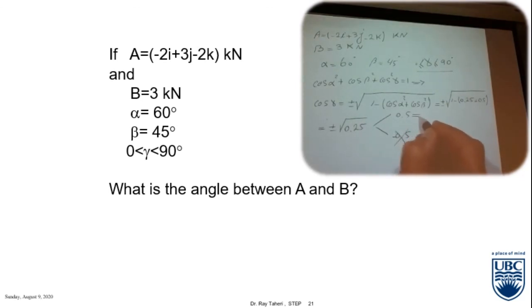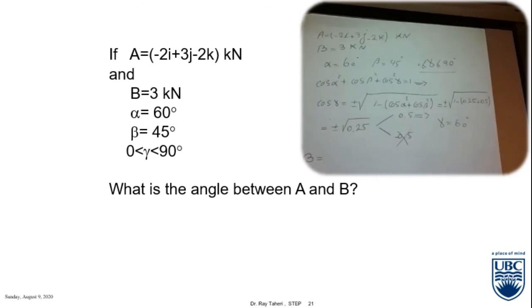So this is the correct answer, and from here we can conclude that gamma is equal to cosine inverse of 0.5, which is 60 degrees. There we go, so we have gamma as 60 degrees. Now we can simply write the Cartesian components form of vector b, which is 3, the magnitude, multiplied by the unit vector.